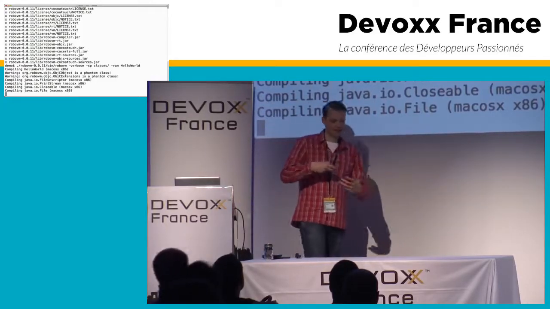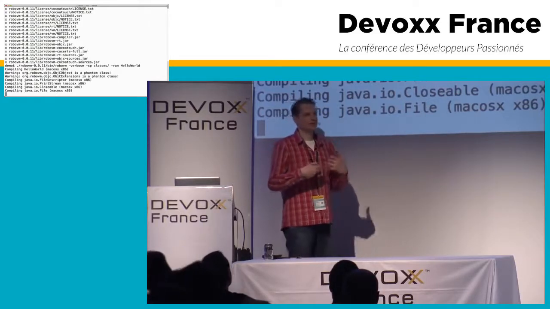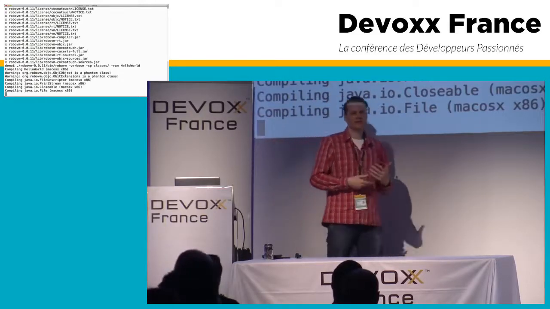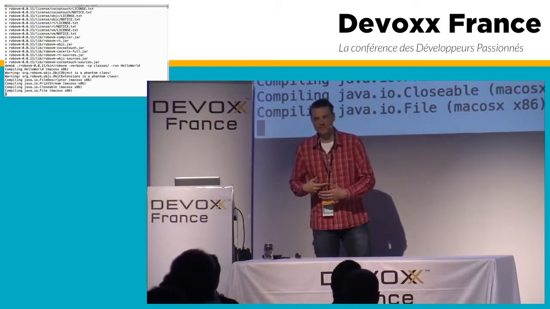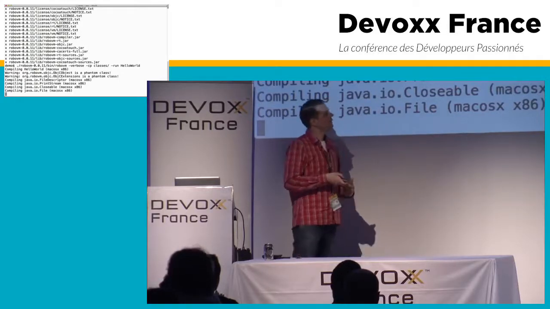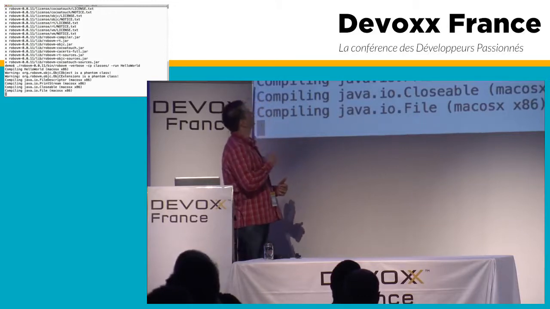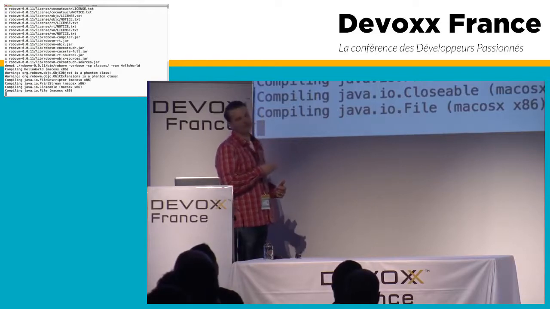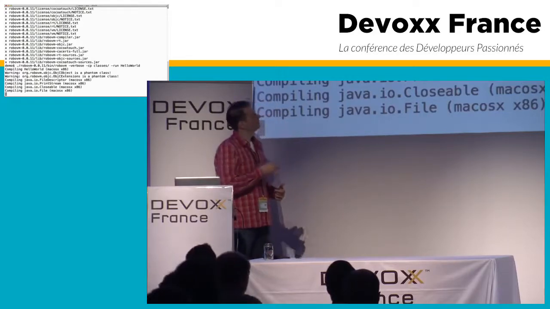It compiles that, and during the compilation, it will record all the dependencies of that class, and then it will continue by compiling the dependencies of the main class, and then the dependencies of the dependencies, and so on. As you can see here, hello world is the first class. You can just ignore these warnings. Then it will continue with stuff in java.io that is needed for our main class here.